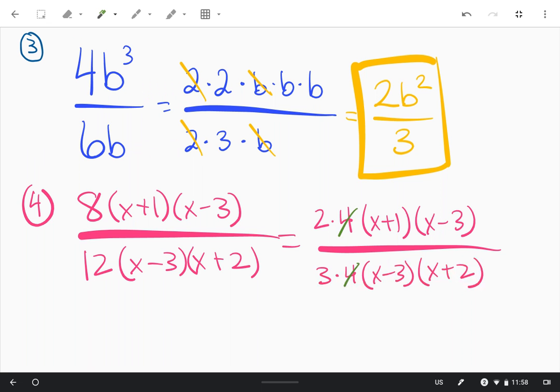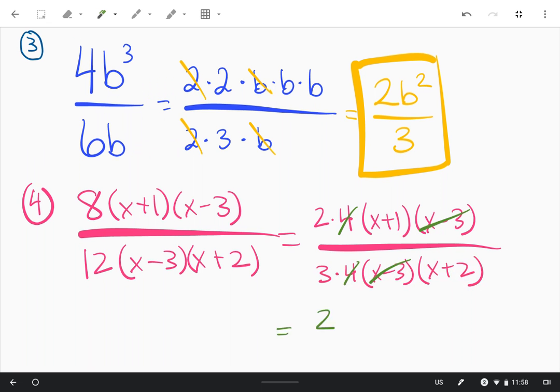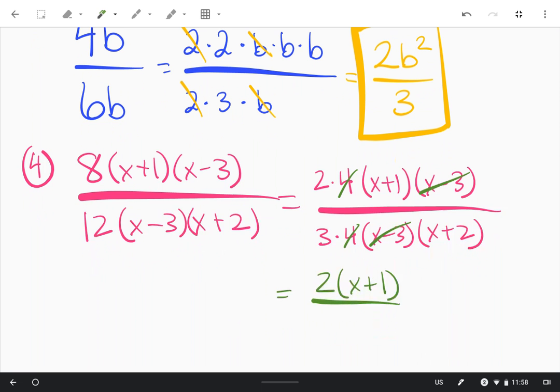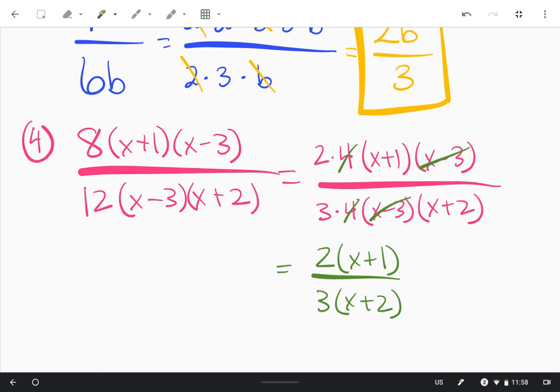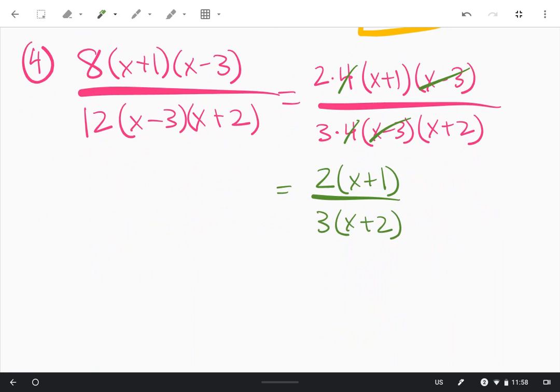So the 4's cancel out, and this entire x minus 3 cancels out, leaving me with 2 times x plus 1, that's the top of that fraction, divided by 3 times x plus 2. So that's what you're doing in number 4 of your work, simplifying these numbers and any polynomial factors that you can.